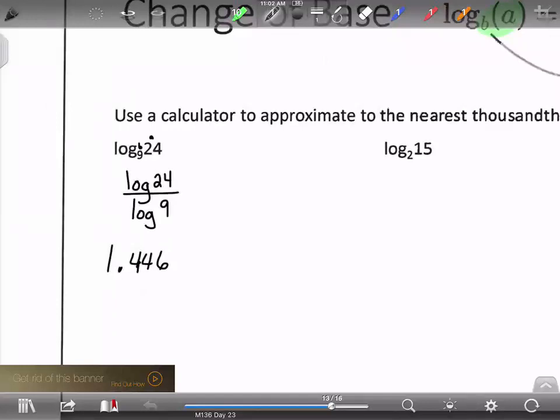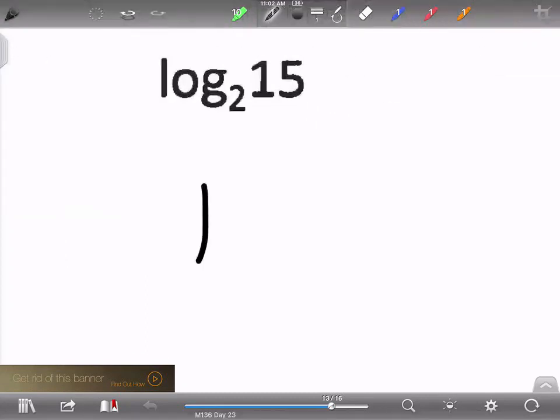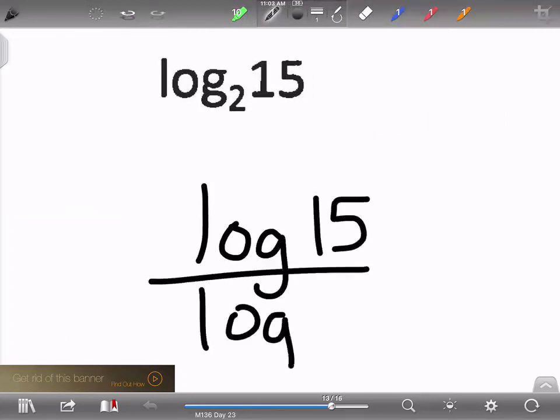I want you to try to figure out what log base 2 of 15 equals. Again, round it to the nearest thousandth. So you've got to type it in, again, using that change of base formula. You're going to use log of 15 divided by log of 2. The base goes to the bottom.